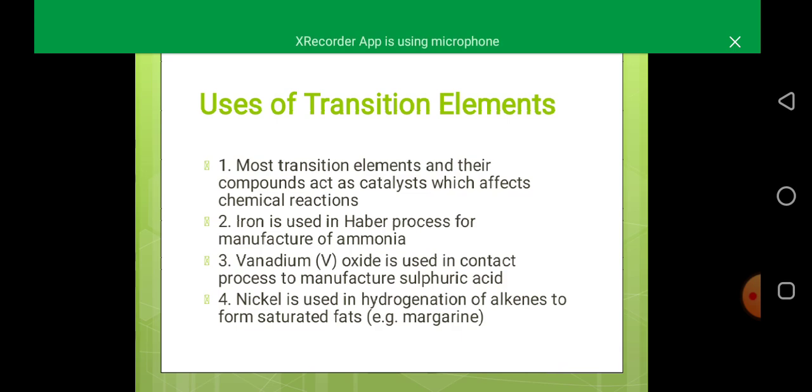Vanadium oxide is used in the contact process to manufacture sulfuric acid. Nickel is used in the hydrogenation of alkenes to form saturated fat, e.g. margarine. So nickel is also used as a catalyst.